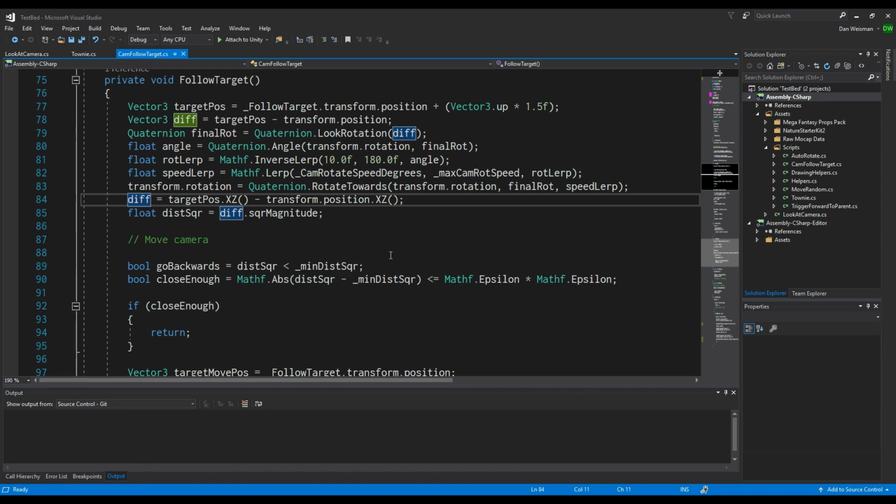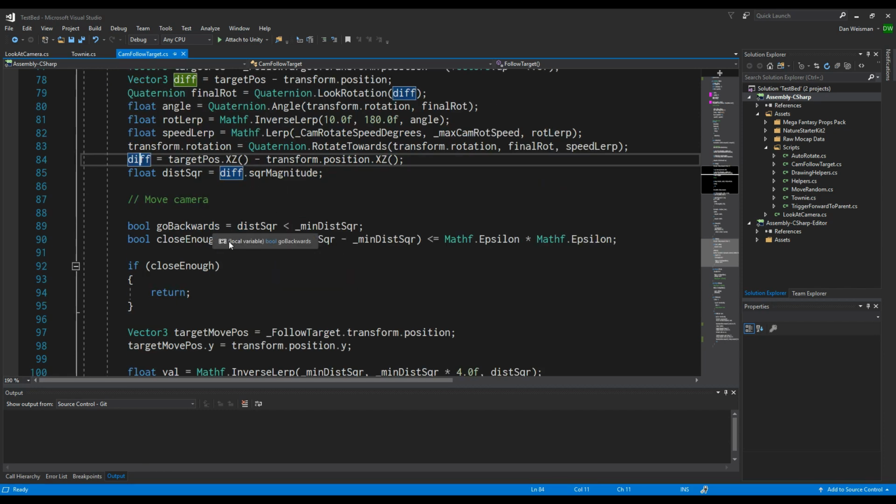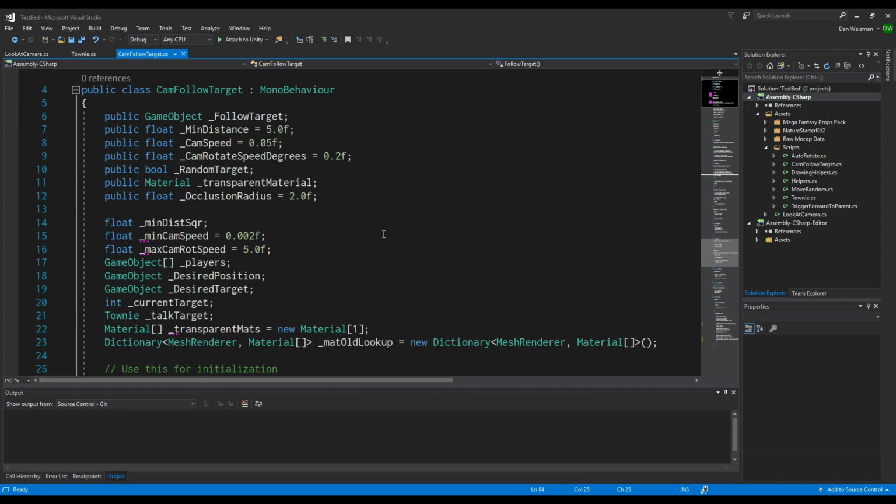Let's see. The reason I'm doing that is that I can figure out if we're moving the camera backwards or not. So this is basically saying if the distance between our position and the target is less than a certain minimum distance, which I have up here.